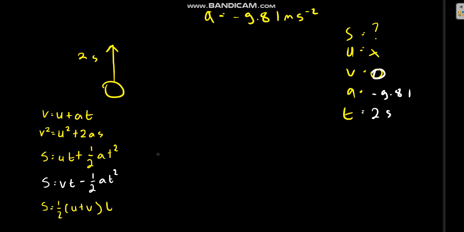Actually, if you noticed, we can use this equation. Let me pull it up. s equals vt minus 1 over 2 at squared.